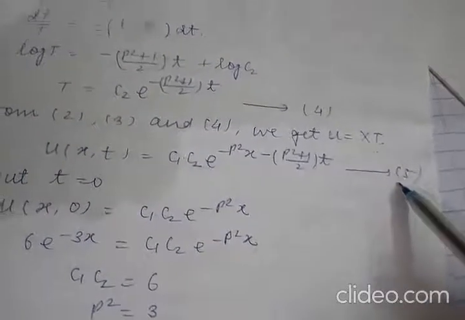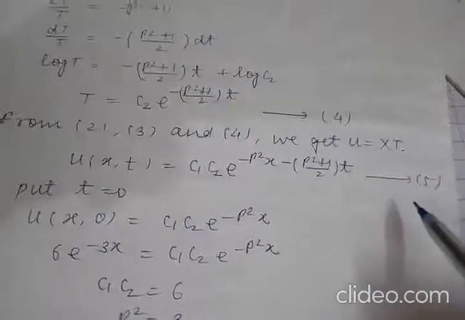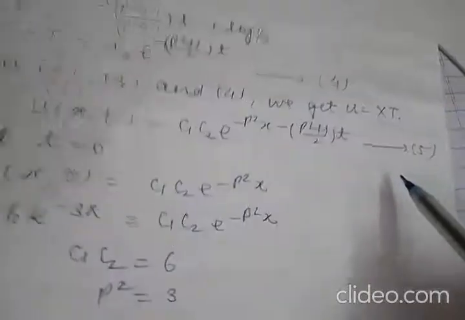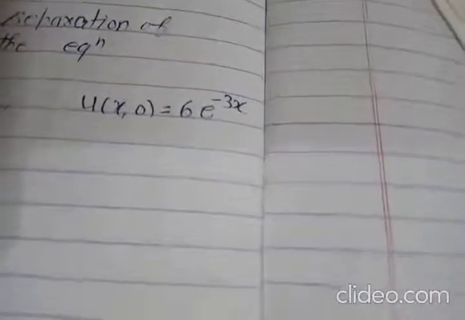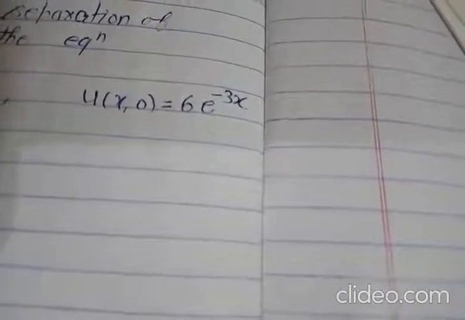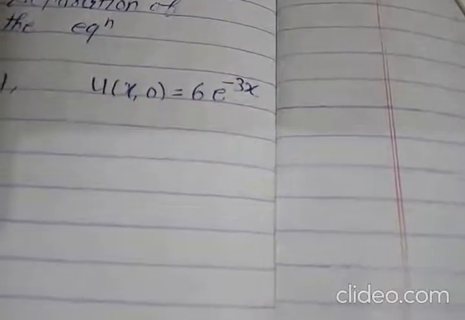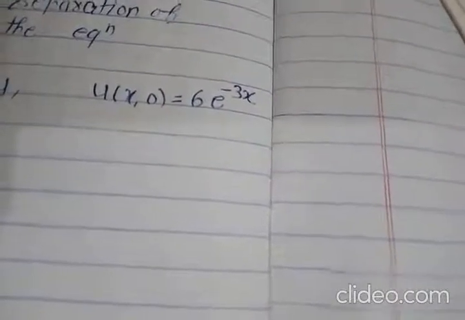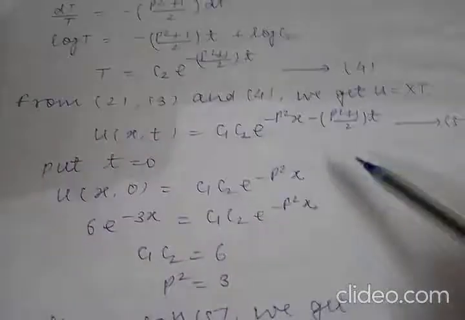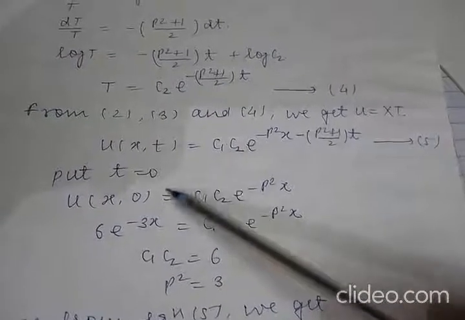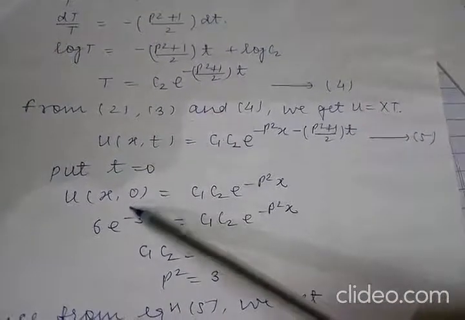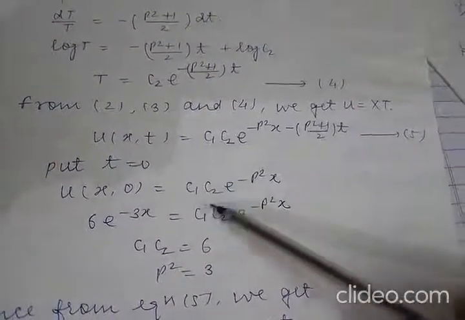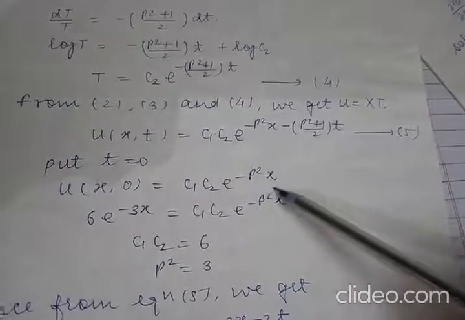But in the question we have been given a boundary condition. The boundary condition was u of x, 0 is equal to 6 e to power minus 3x. Now we will verify this boundary condition with the help of equation 5. Put t is equal to 0 in equation 5, we will obtain u of x, 0 is equal to c1 c2 e to power minus p square x.